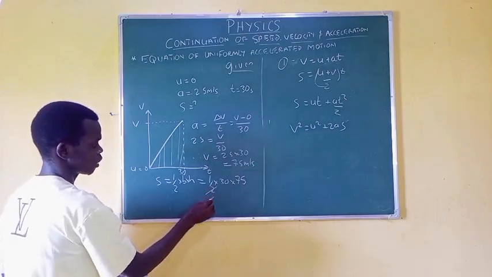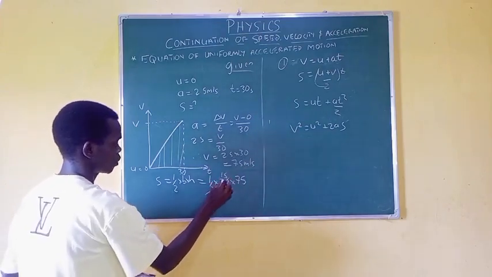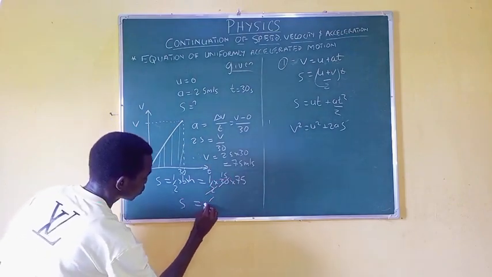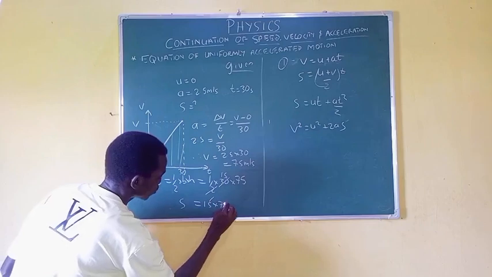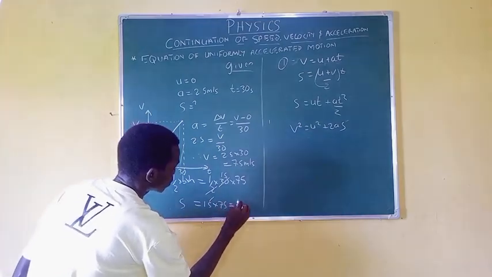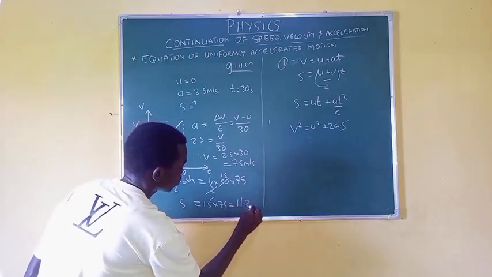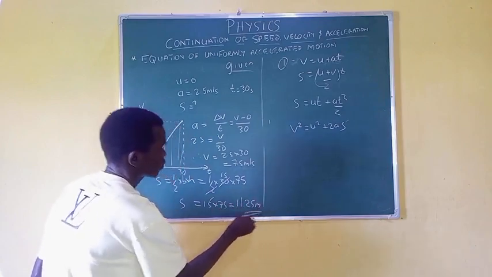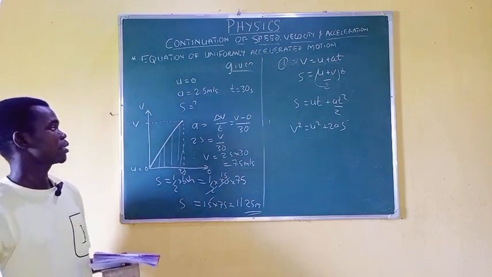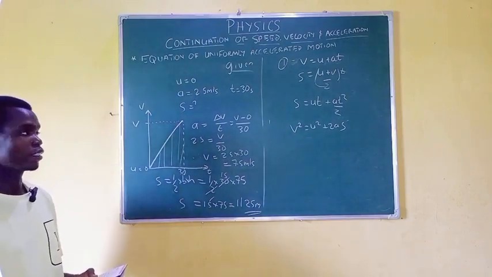Therefore, 2 here we have 1, 2 here we have 15. Therefore, distance is equal to 15 times 75. We have 1,125 meters. And this is using the velocity time graph.